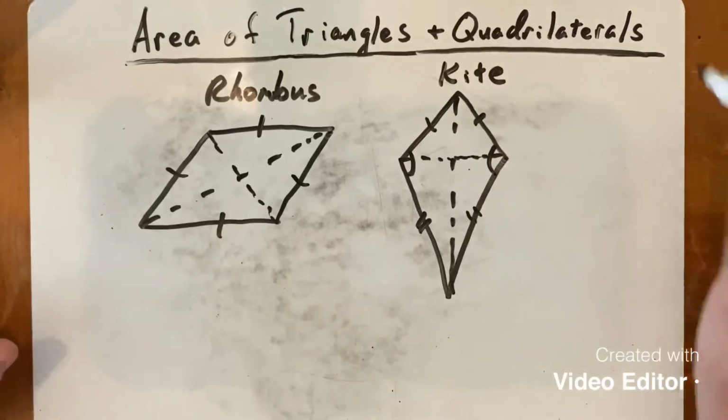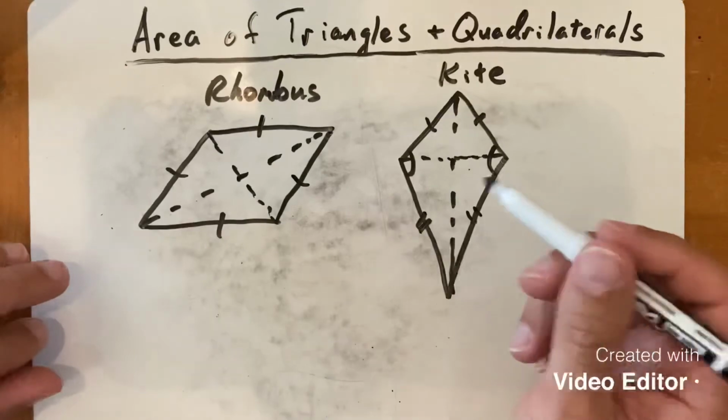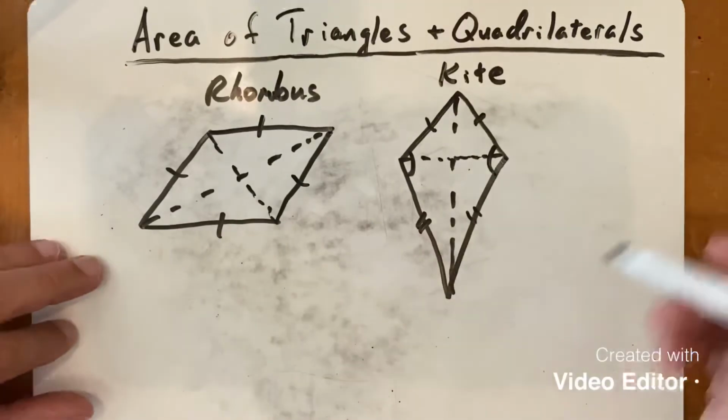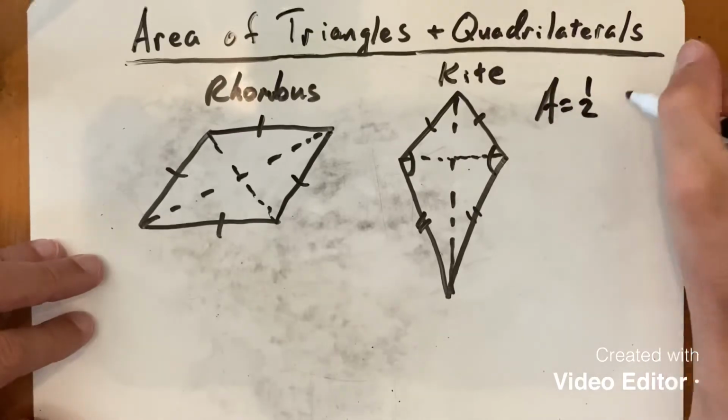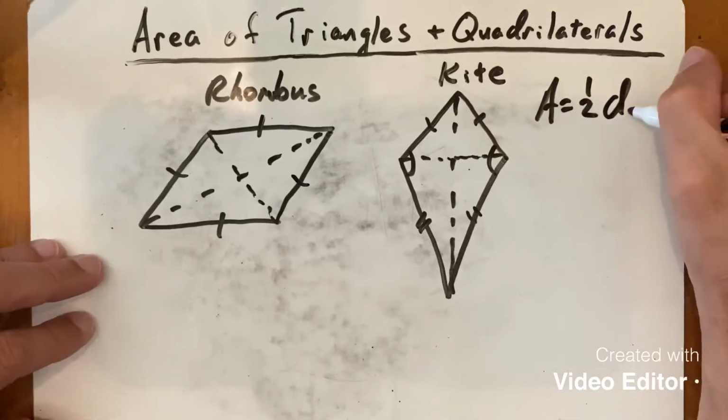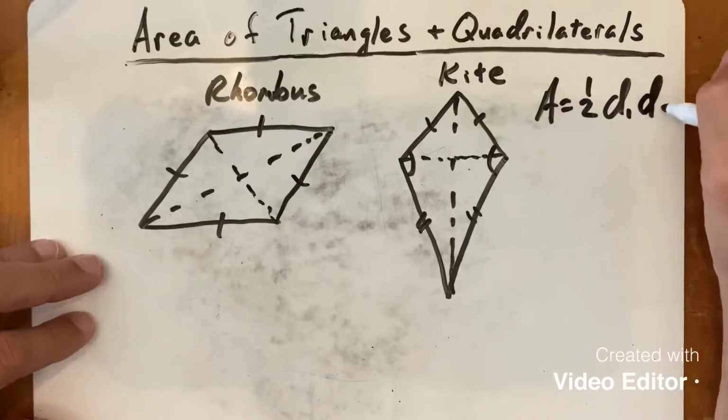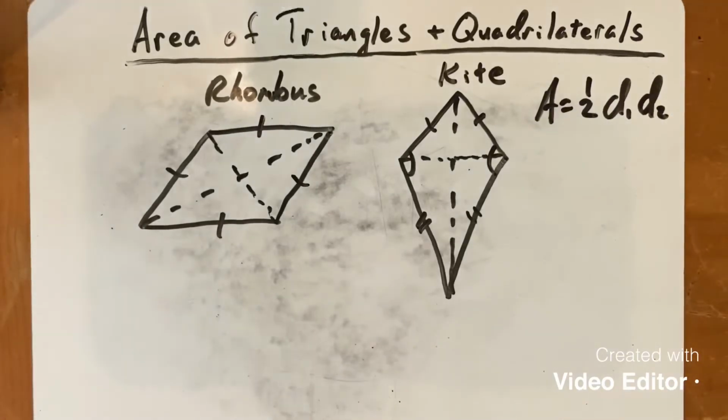So those are your diagonals. In order to find the area of either one of these, we're going to do 1/2 times the length of their 2 diagonals multiplied together. So we multiply their 2 diagonals together and then multiply by 1/2 or divide by 2.